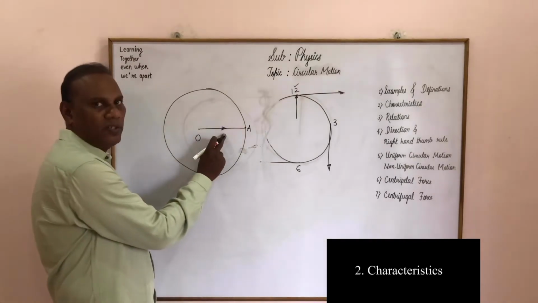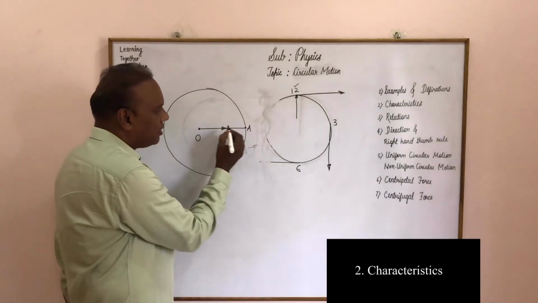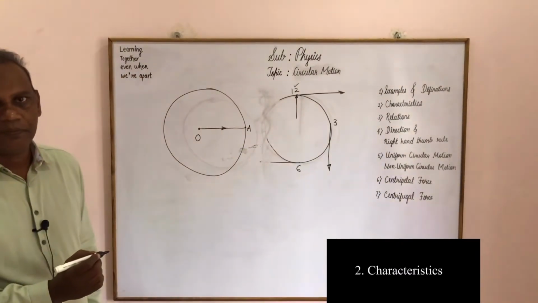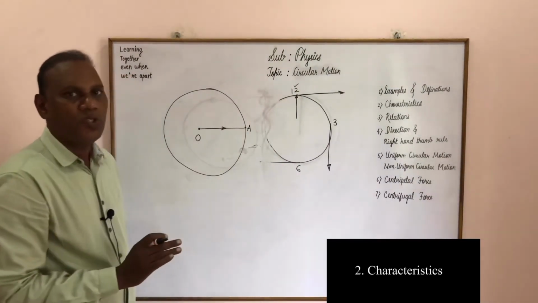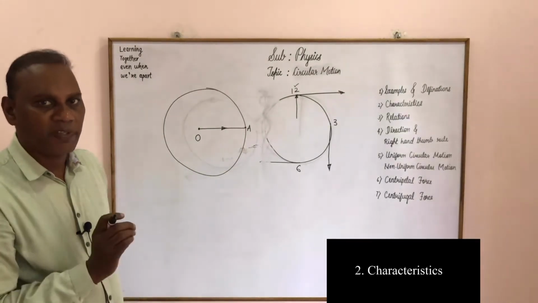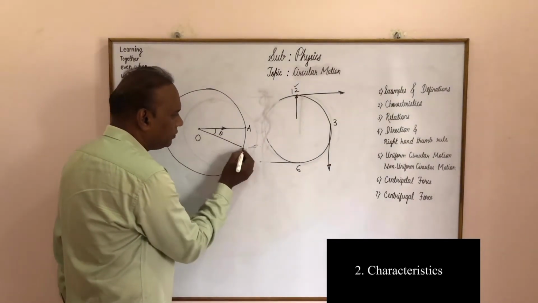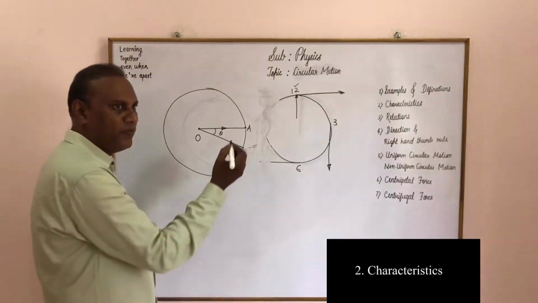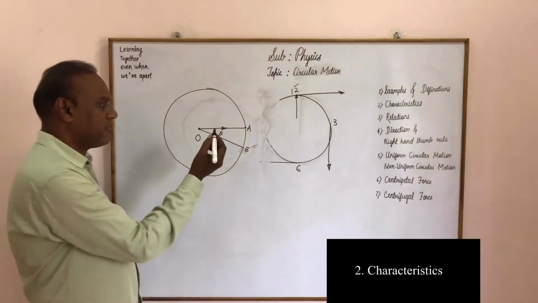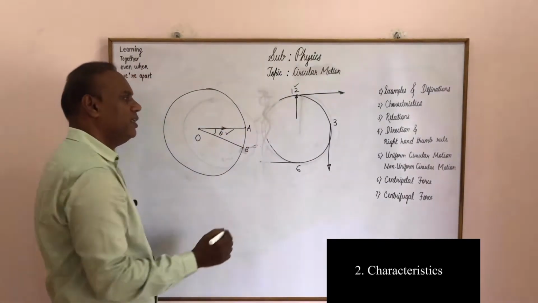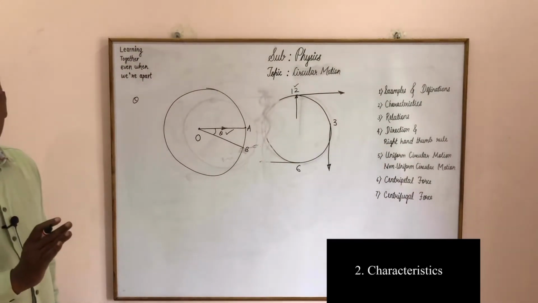A vector drawn from the center of a circle to the position of a particle is called the radius vector, and this radius vector describes some angle in a given time, that is when it goes from A to B in a small time, it describes some angle. Such an angle is called angular displacement. So theta is the angular displacement.